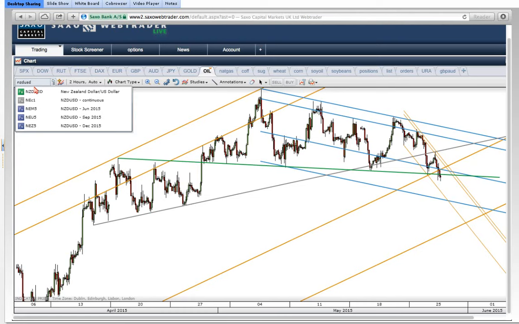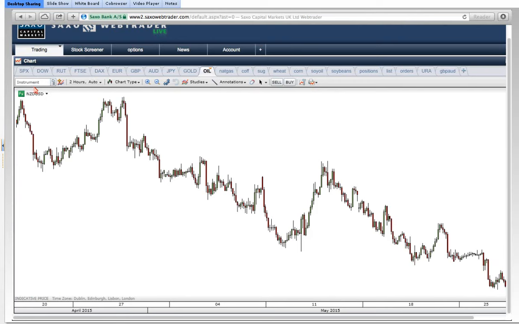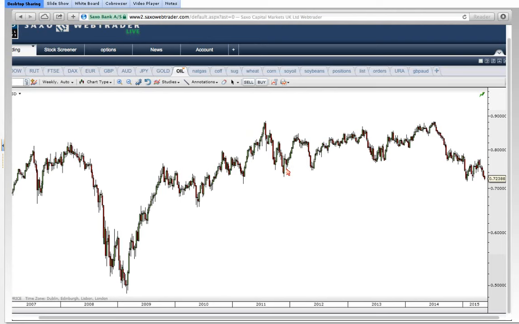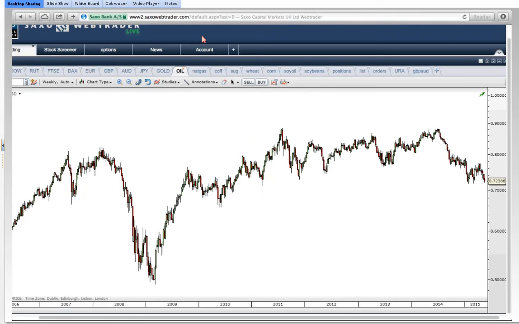This is a weekly chart. I'm going to try to plot it. Something like this. Can't see much. No, this is not something that I can work with. Something like this, maybe.